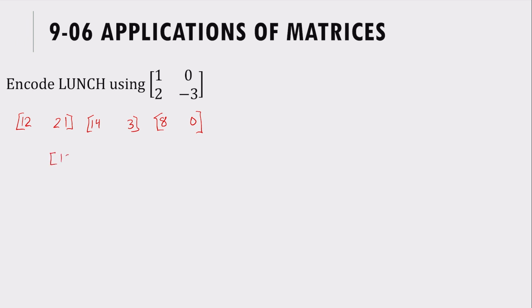Take your first pair and multiply it by the encoding matrix. Remember, we multiply a row with a column, so 12 times 1 plus 21 times 2, 12 times 0 plus 21 times negative 3, which gives 54, negative 63.